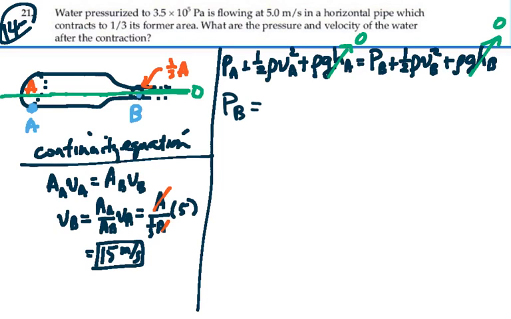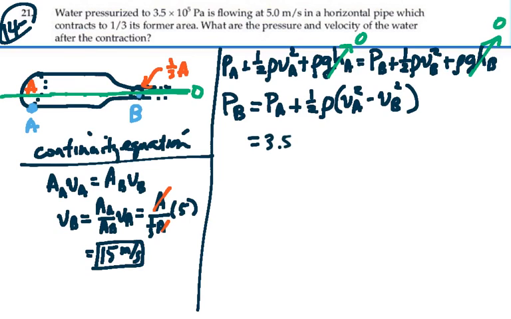That's going to equal the absolute pressure at A plus 1/2 the density times the velocity at A squared minus the velocity at B squared. Just solving for absolute pressure at B. This is equal to 3.5 times 10 to the 5 pascals plus 1/2. The density of water is 1,000 kilograms per meter cubed, unless otherwise stated.